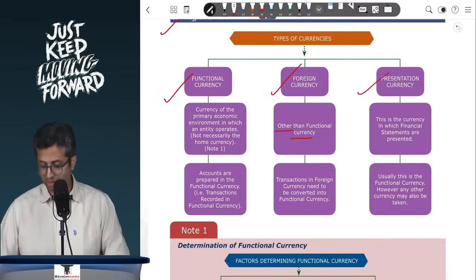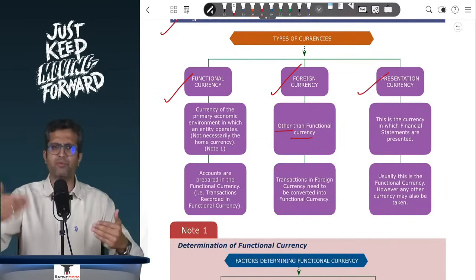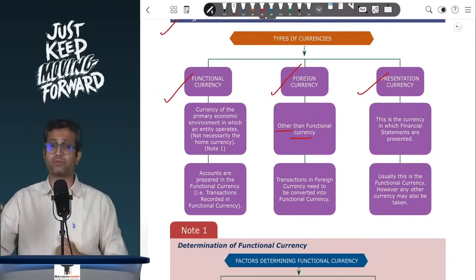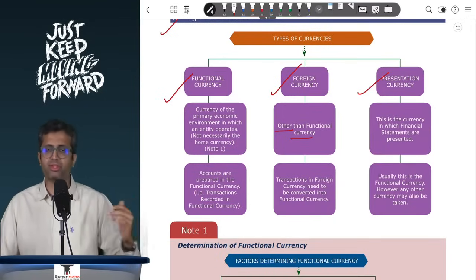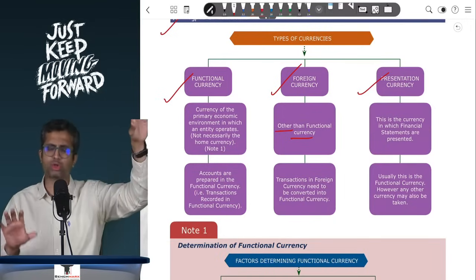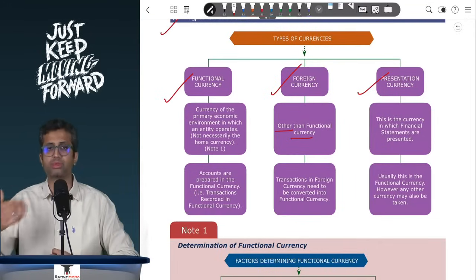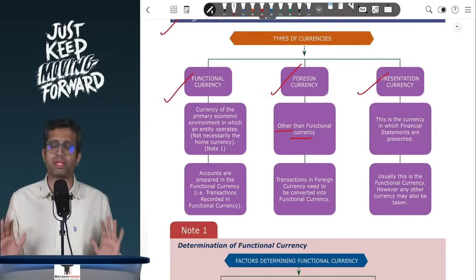And thirdly, what is a presentation currency? Usually you will present your financials in the functional currency. So if you are an Indian company preparing in rupees, you'll present your financials, balance sheet, P&L, etc. in rupees. However, let us say your parent is Coca-Cola USA, you are Coca-Cola India Private Limited, and you believe that it is very helpful if the parent sees my financials in dollars.